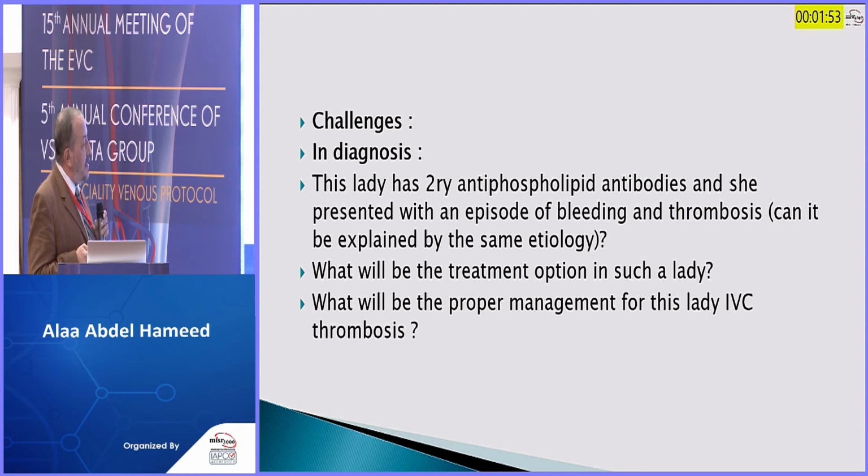The second challenge is that this lady has secondary antiphospholipid antibodies, and she presented with an episode of bleeding and thrombosis. Can both be explained by the same etiology or not? And what will be the treatment option in such a lady who presents with a bleeding and thrombotic episode? And what will be the proper management for this lady's IVC thrombosis?